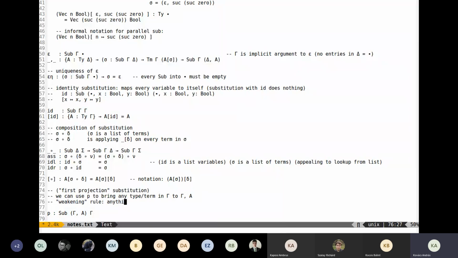So anything which depends on gamma can be defined in any larger context.